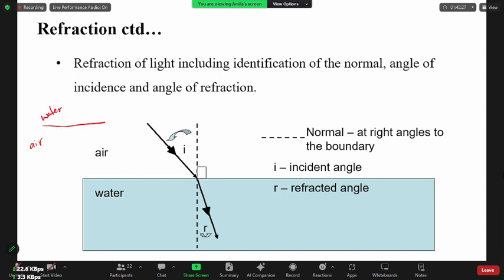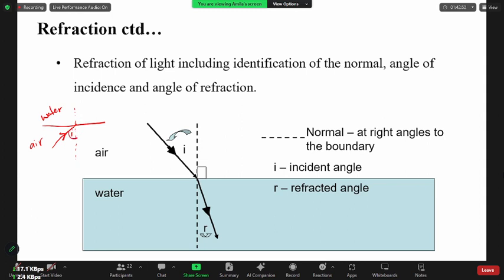Can you see what I'm writing? Yes, madam. Right. So this is the normal. Now let's say this is the incident light, and this is the eye.